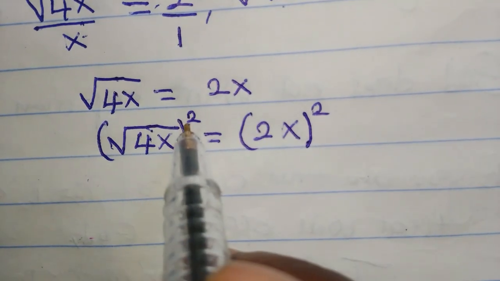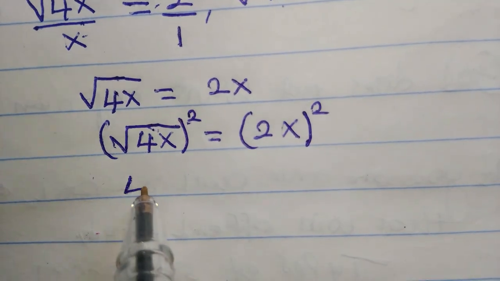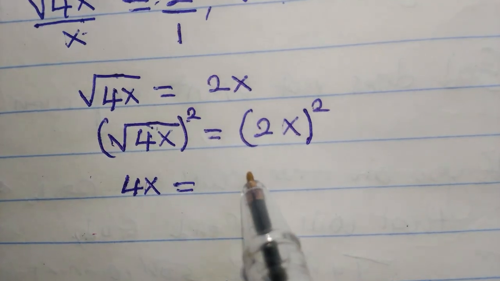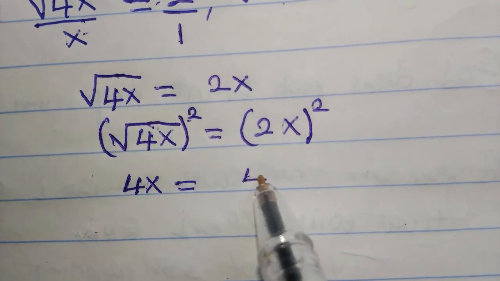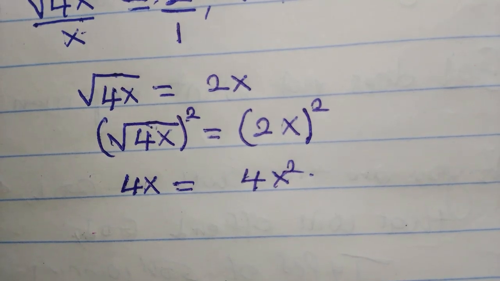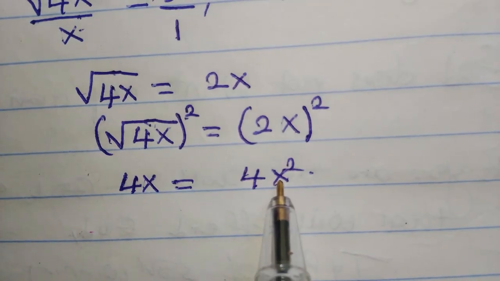So if we do this, we simply have 4x equals 4x squared.